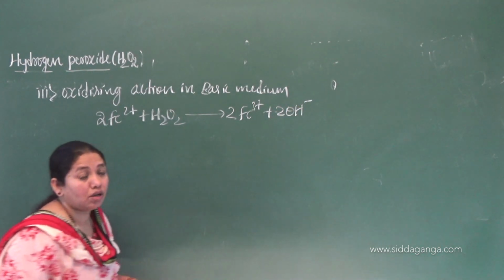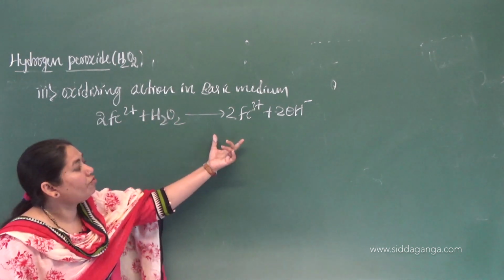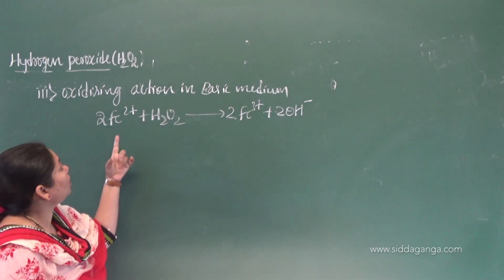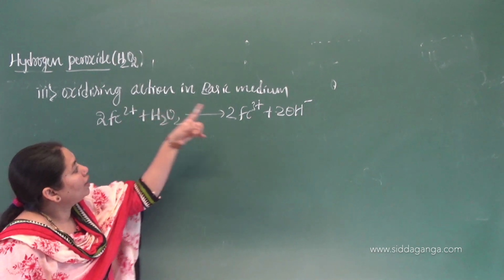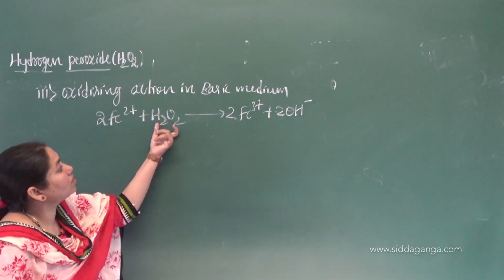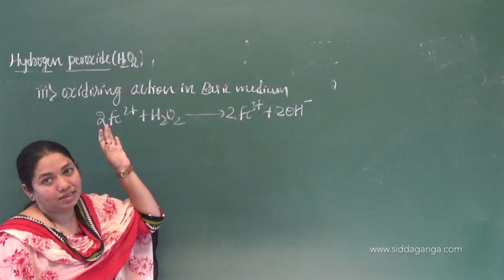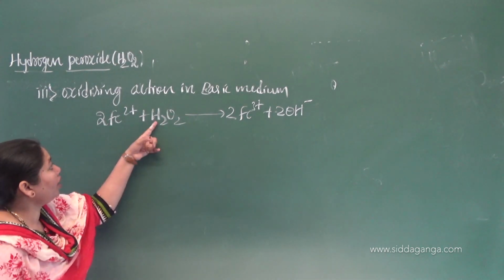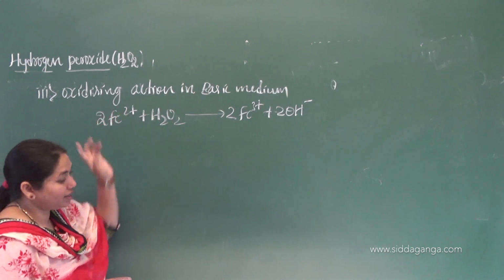The same reaction: ferrous ion is converted into ferric ion. So what is this action? Oxidation number has been increased, so that means it acts as an oxidizing agent. For hydrogen peroxide the oxidation number has been decreased, right? So it is undergoing reduction and oxidizes the other.